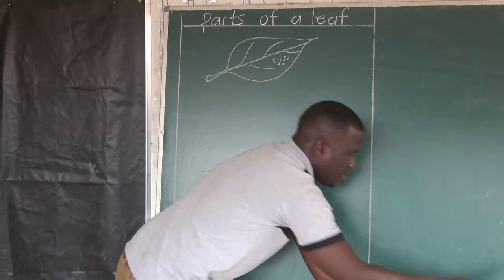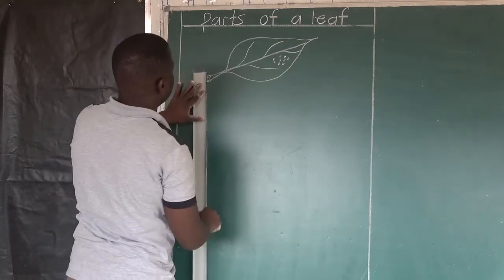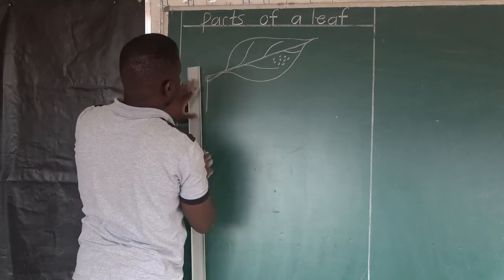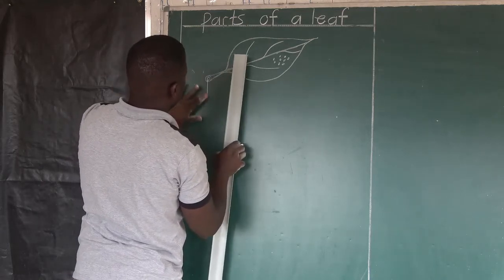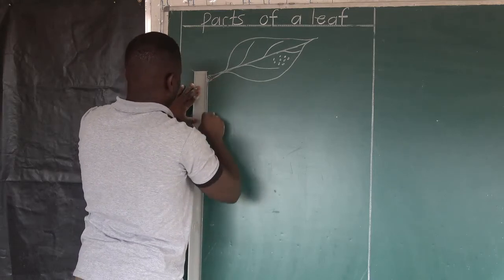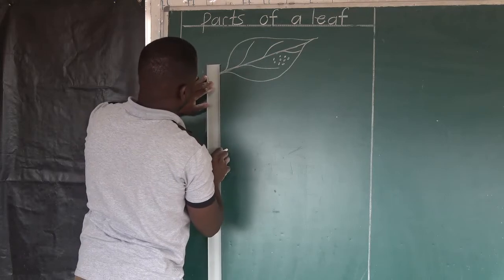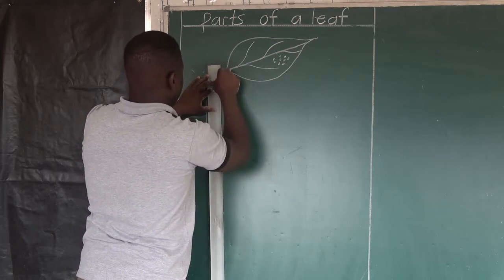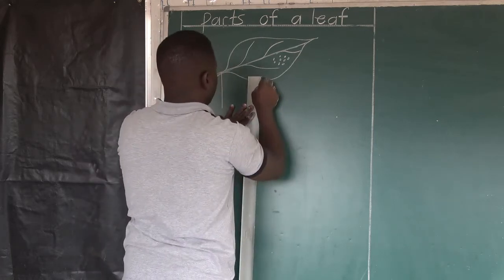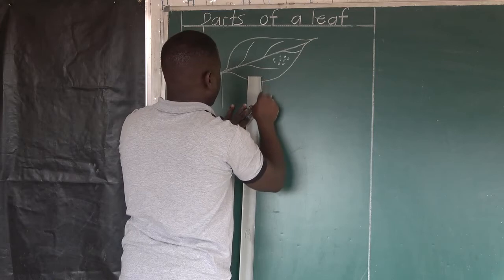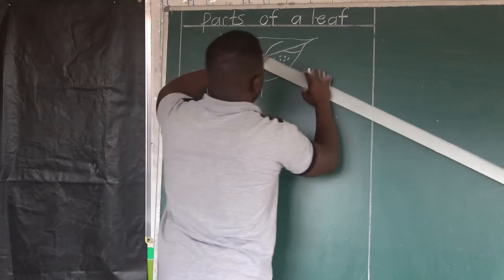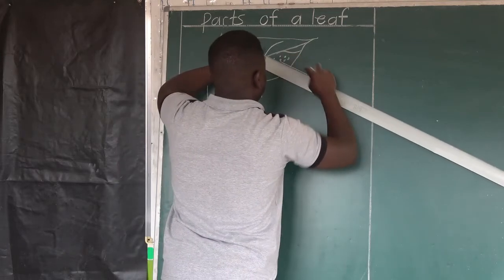We shall begin by labeling. We shall label this part. That part here. Shall also label this part. We have this part. Then we have that part.